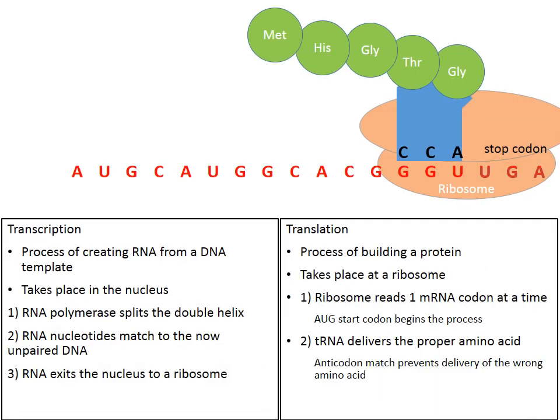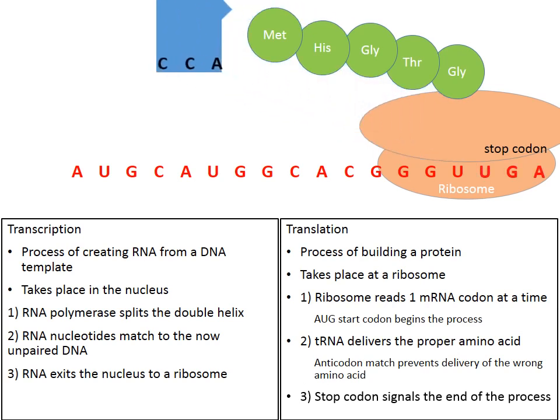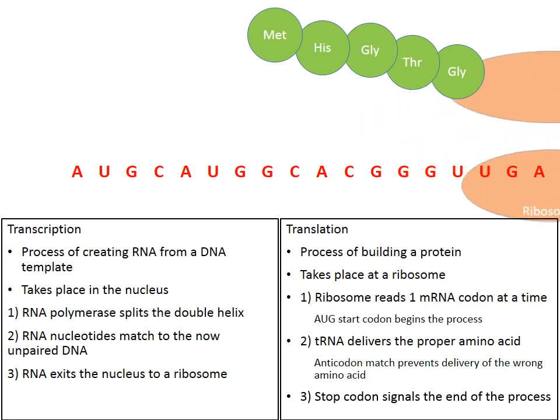So once a stop codon is encountered, the stop codon ends this process. The tRNA will detach. The ribosome will actually break apart into two smaller subunits, and what you're left with is a chain of amino acids. That's exactly what a protein is, a chain of amino acids created by the ribosome through a process called translation.